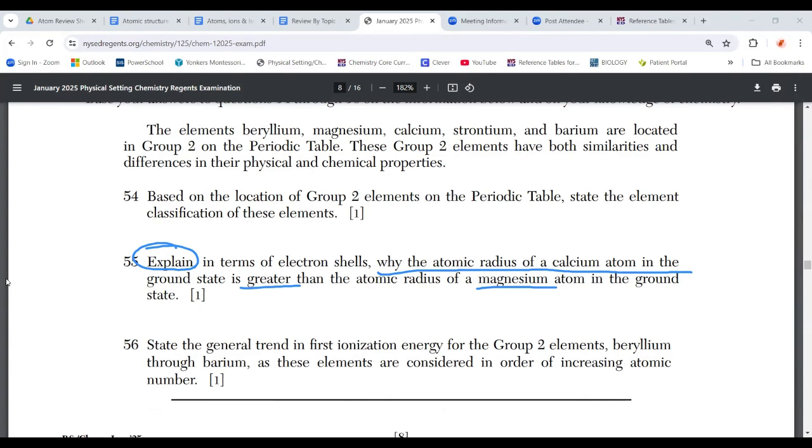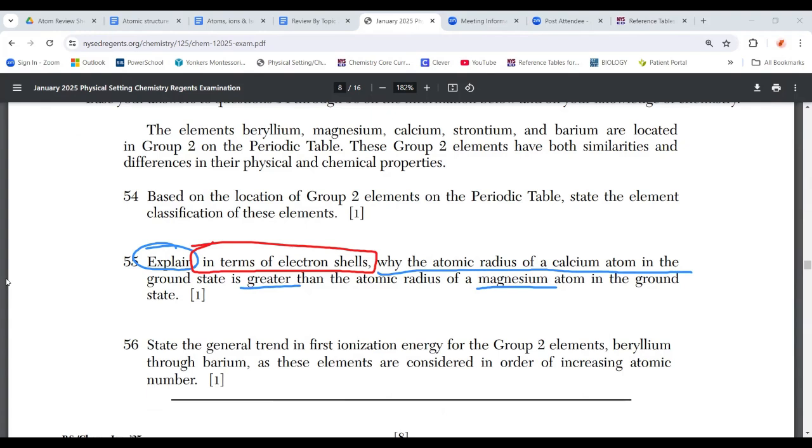What they want to know is what comes after this wonderful phrase, in terms of. They want to know in terms of electron shells. So what do you need to talk about in your answer? Electron shells. In terms of electron shells, why is it bigger? You just have to say, calcium has four electron shells, and magnesium has only three electron shells.